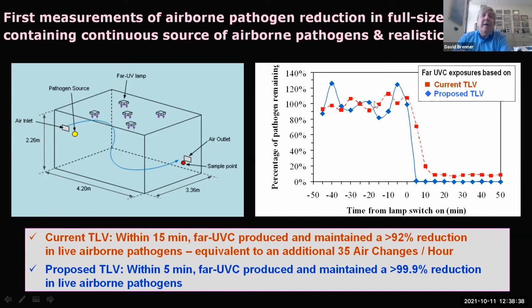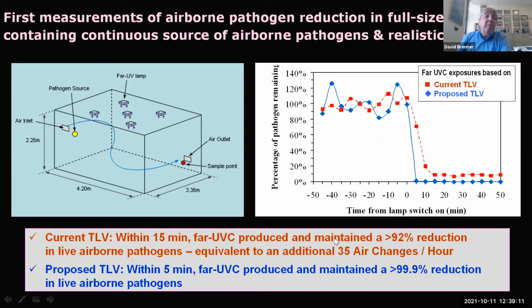What you see here are two different studies with two different TLVs, so two different lamp intensities. The red one is the current regulated lamp intensity, so that's what you could use in practice today. When we turn the lamps on, within 15 minutes or so, the level was reduced by about 92%, and it maintains that decrease.